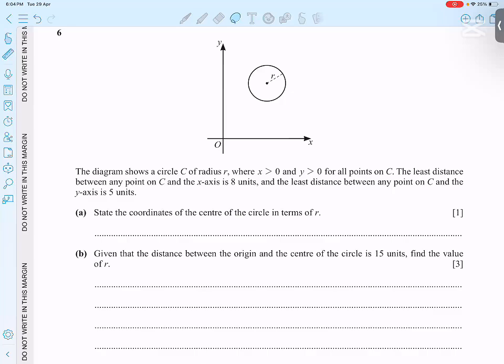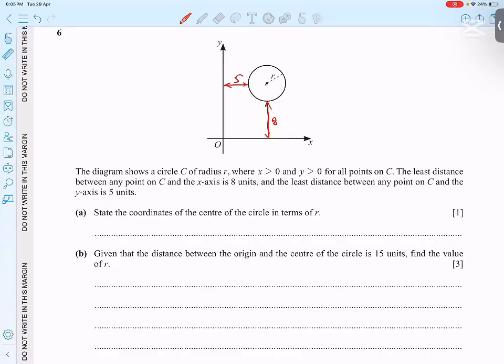Question number 6, students, we have. As you can see in the diagram, it mentions the least distance between circle C and X axis is 8 units. So if I show you, this distance is 8, and least distance between C and the Y axis is 5.